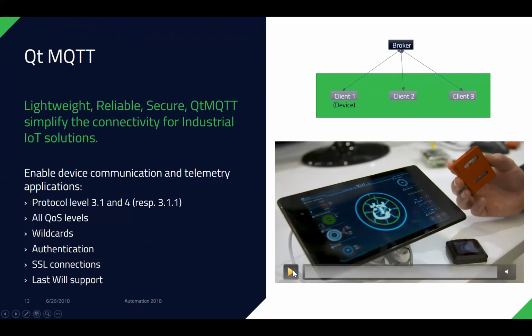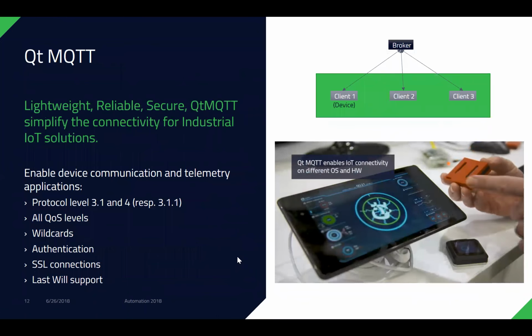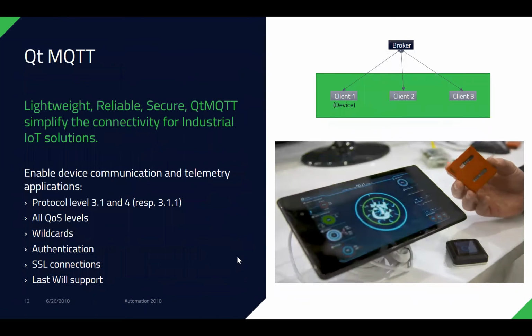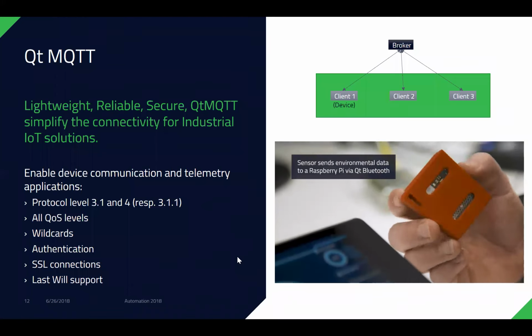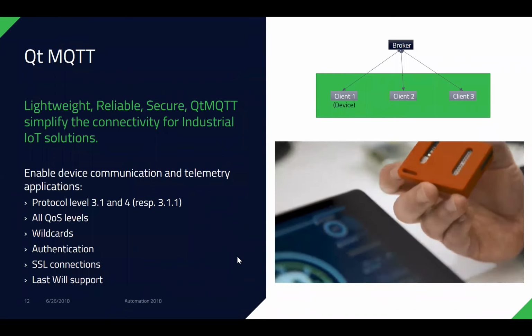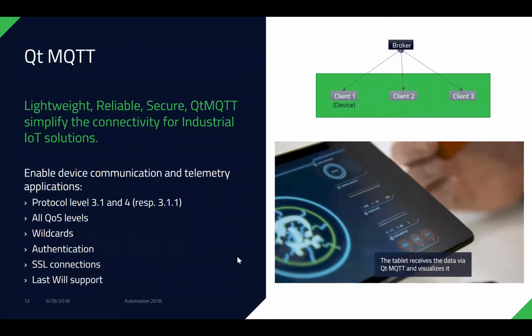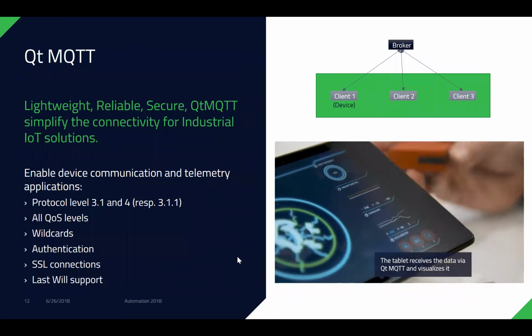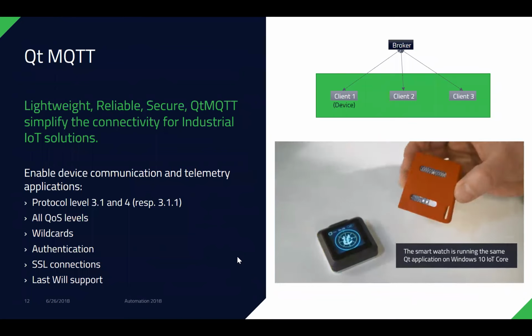What MQTT gives you is a telemetry protocol based on publisher-subscriber connectivity. In this case, you need a broker in order to manage the information sent through clients. This allows use case scenarios like cloud connectivity or enabling different devices to communicate with each other.